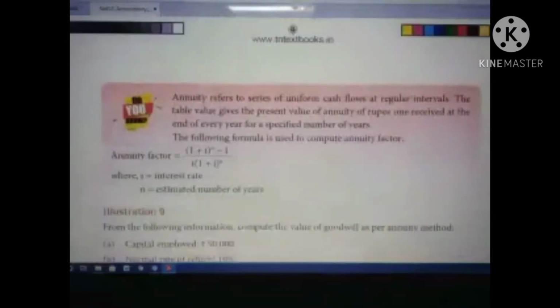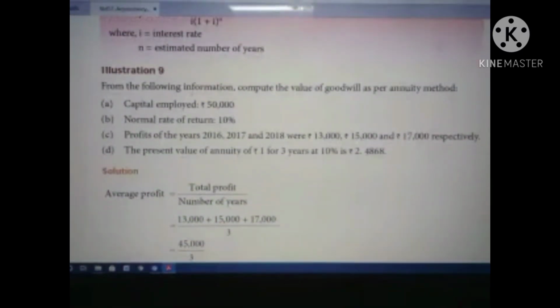Now, illustration 9. From the following information, compute the value of goodwill as per annuity method. It is clearly mentioned that we have to calculate goodwill on the basis of the annuity method. Capital employed and normal rate of return are given.